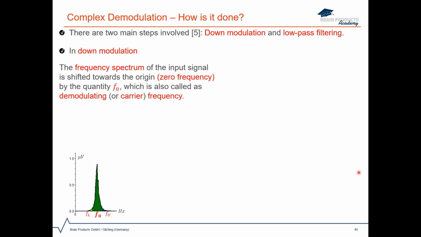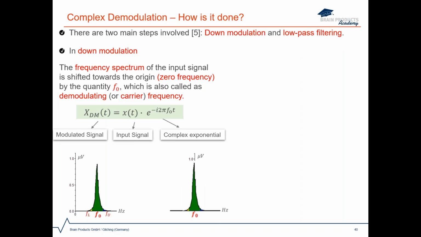In down modulation, the frequency spectrum of the input signal is shifted towards the origin by the quantity of F0, which is also called the demodulating or carrier frequency.